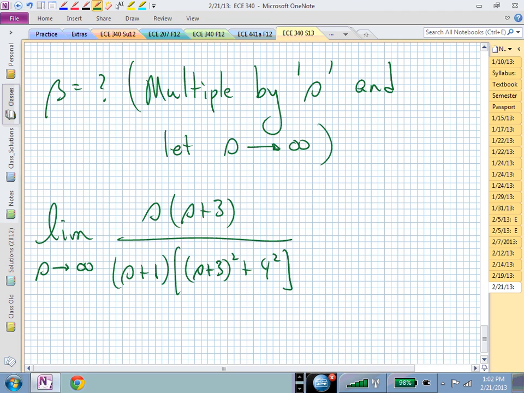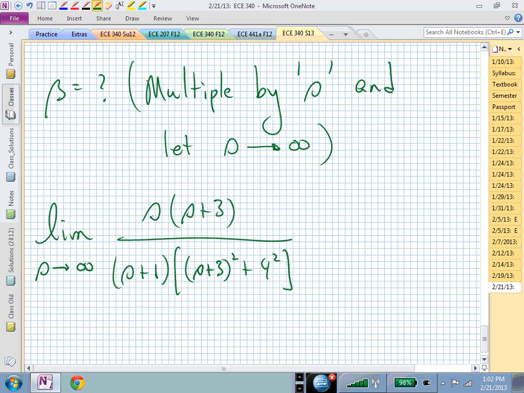And I want to look at what this does as s goes off to infinity. As s goes off to infinity, what am I really wanting to focus my attention on? Probably the coefficients of the highest power of s. That's going to dominate, isn't it?